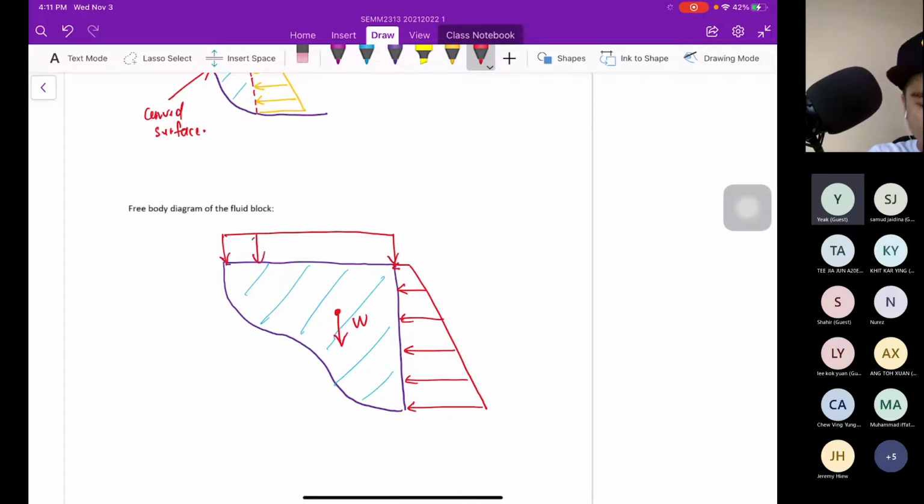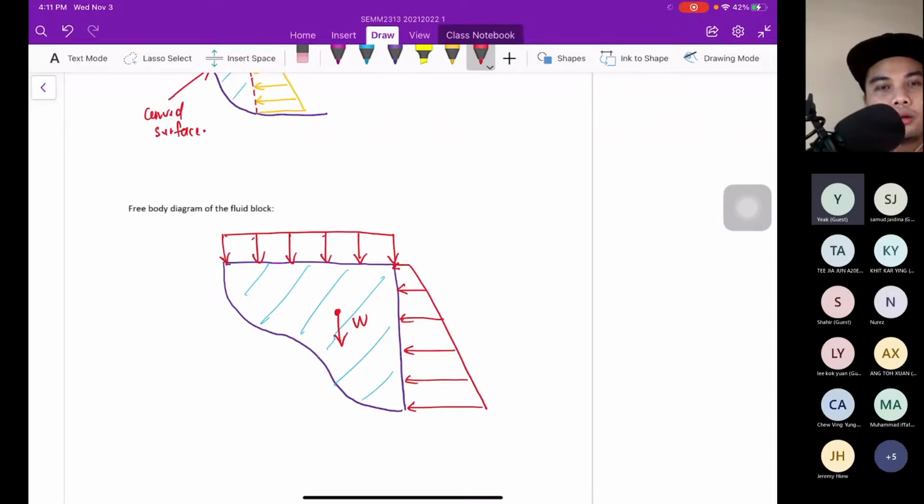This is quite easy after you understand the concept of plane surface; you can apply it directly to the curved surface. Then we have the force acting perpendicular to the curved surface.